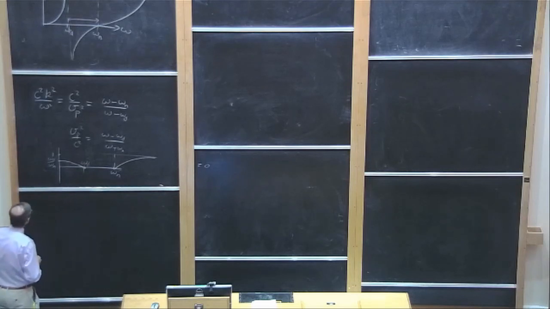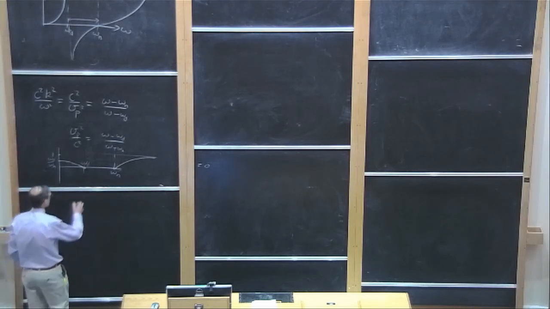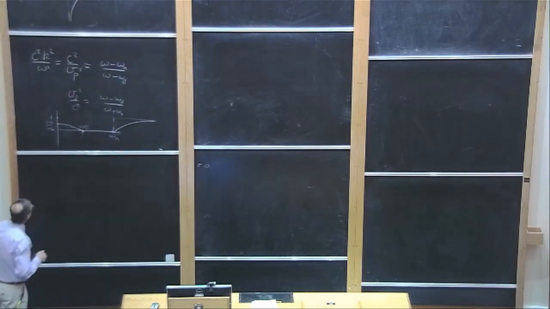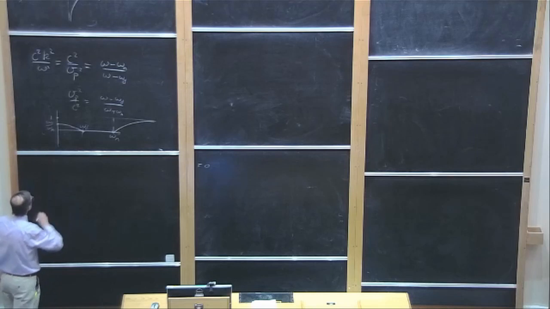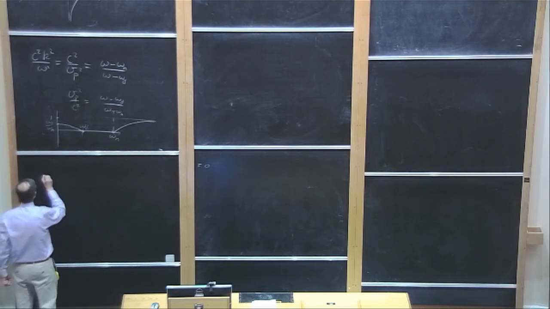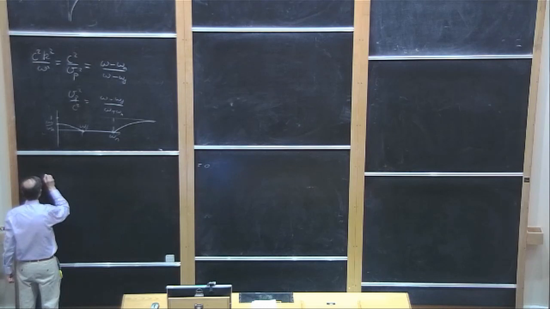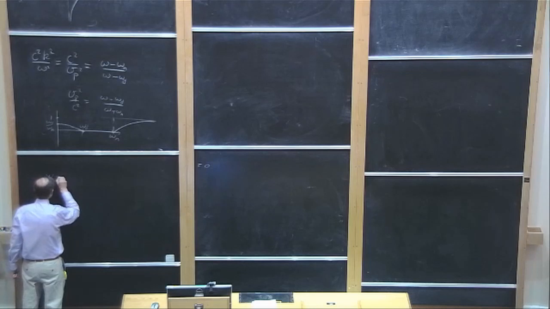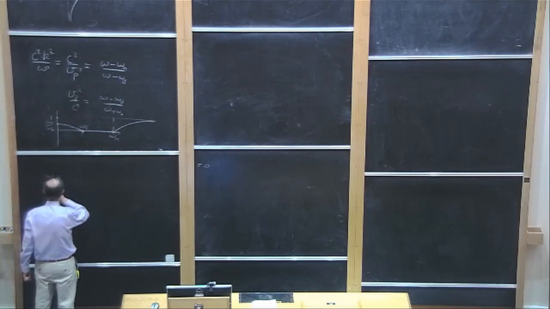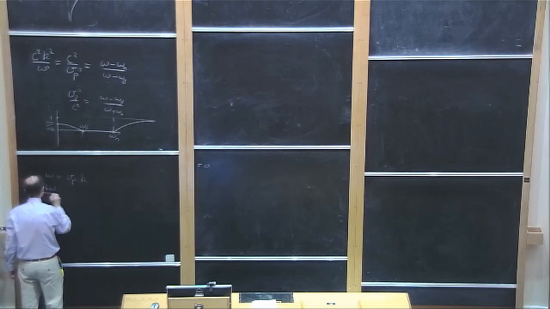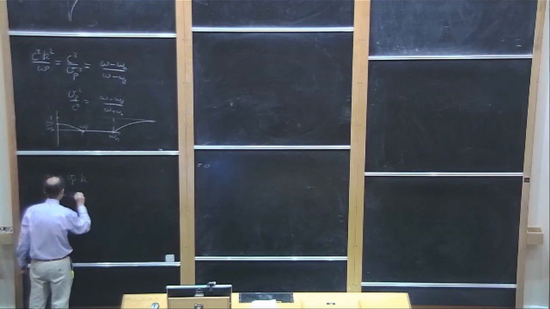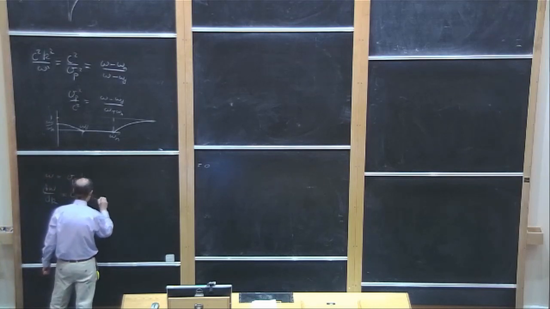So the phase velocity is relatively easy. The group velocity is quite a lot harder, and I'm not going to go through all the details of that, but if we just write omega equals v phase times k, then d omega by dk is v phase plus k.